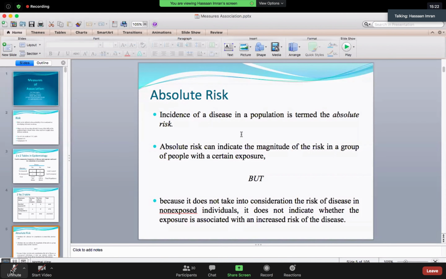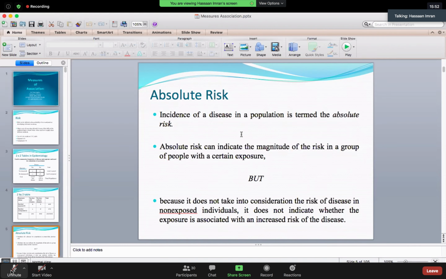But then the biggest critique was that it doesn't take into account those who do not have that particular risk factor. So researchers said that we need to think of some other measure that addresses this element also, so that we can justify our finding or our evidence with a certain weightage, that this is more among these as compared to those.